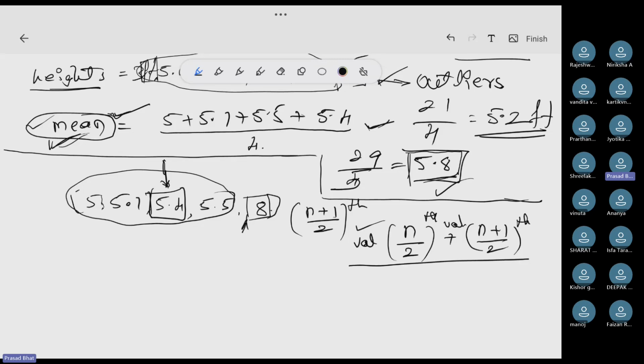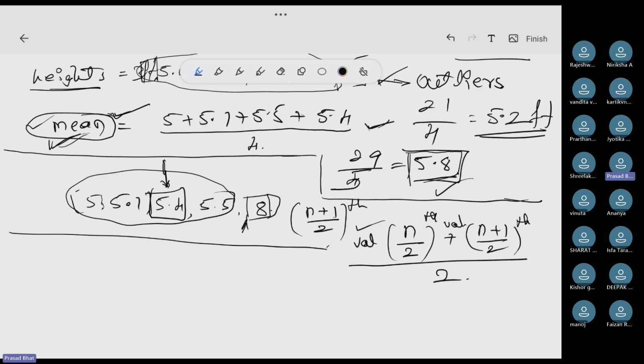And then average them out, divided by 2. That will be the median value for any set that contains an even number of elements, because there is no middle value specifically, right? So what we do, we pick the middle two values, take the average of them, and that will be our median. Fine. I hope you are getting the concepts. Yes. Yes, sir. Okay, cool.